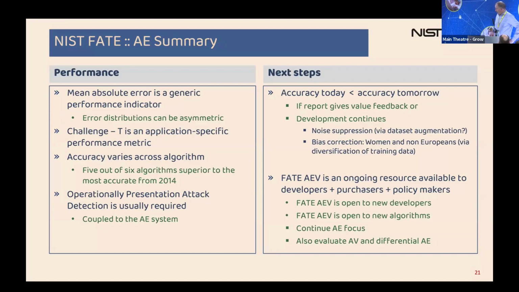So our program, face analysis technology evaluation, age estimation and verification, is an ongoing resource. It's open to new developers, open to returning developers with new prototypes. We will continue to focus on what we call age estimation, image in, continuous value out. But we will also evaluate that second class of function, which is the person over 25 or not?